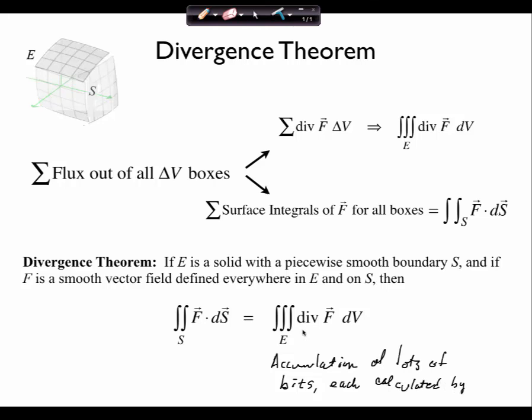What's the key here? So this is a little bit of accumulation, and it's computed how? Using what? Oh, calculus students: rate of change, right? Divergence is a rate of change. So we calculate all these bits of change, which is in this case flux, using the rate of change times little volume.